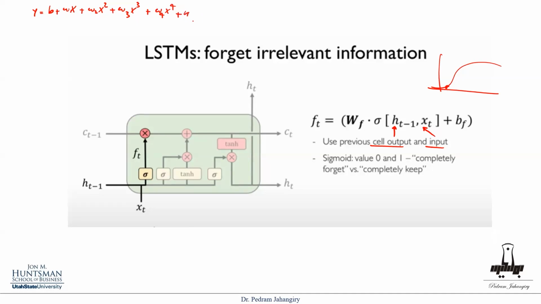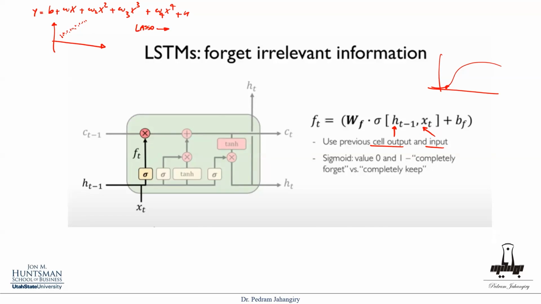Imagine this is your functional form, and the data is this. As simple as that, right? If I use lasso, what will happen to W2, W3, W4? They will become 0, right? Remember, lasso is a regularized or penalized regression.